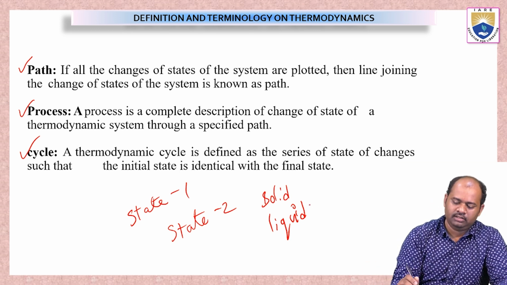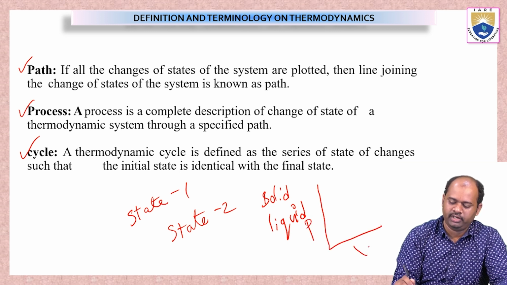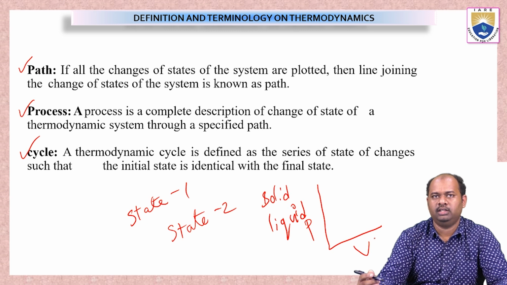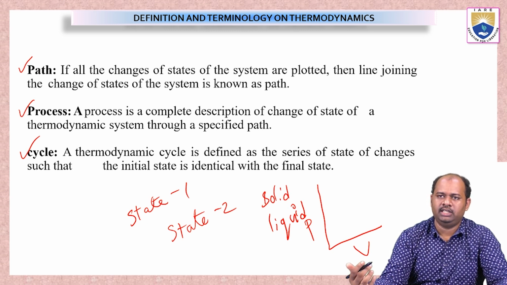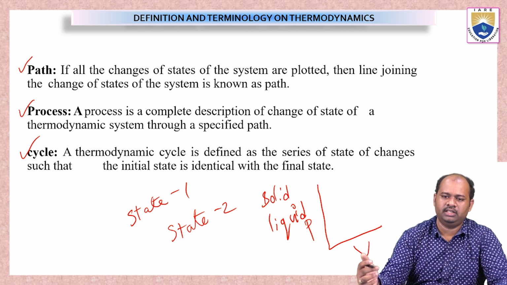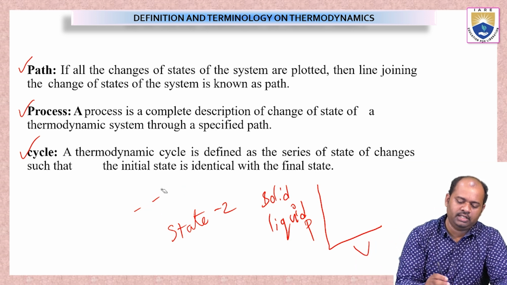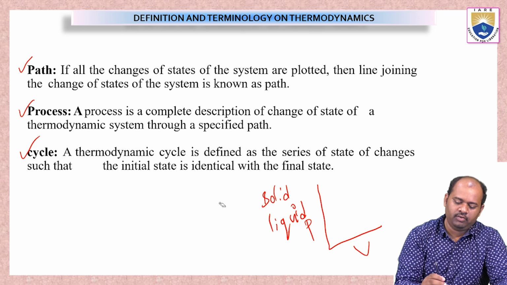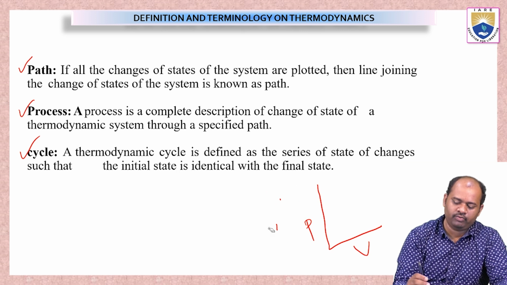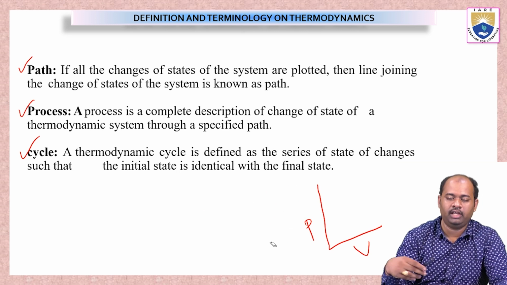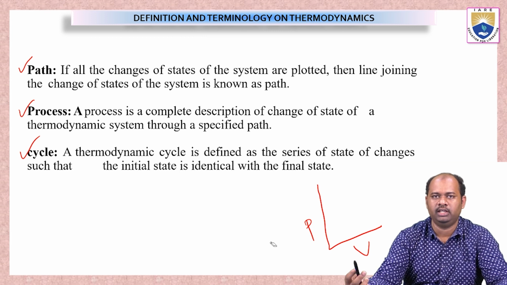Suppose I have a pressure versus volume diagram. So this is a PV diagram, where I will plot the points where the pressure and volumes are changing from one state to another state. Suppose I take the example of water. If I want to change the water from solid to liquid form, I have to increase the temperature, or increase the pressure so that the volume will increase.